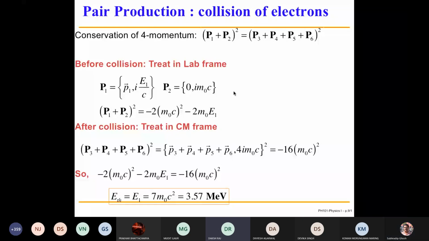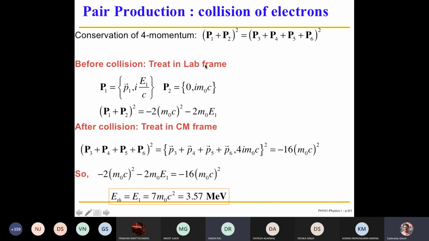Right? So that is why I can pick and choose the frame in which I want to work at my will. Before collision, I did it in lab frame.